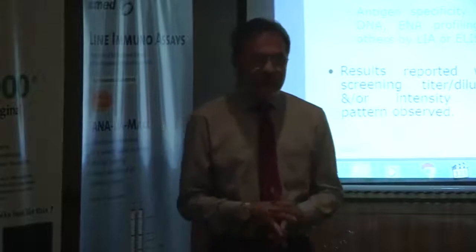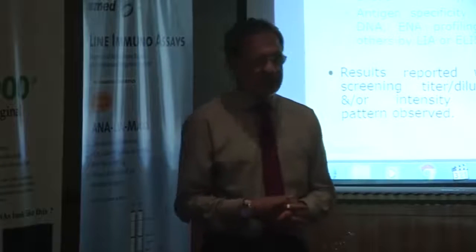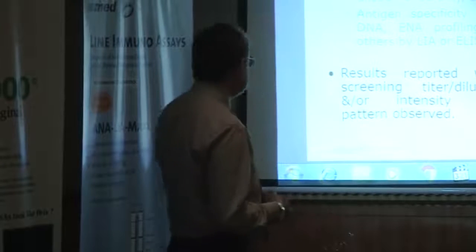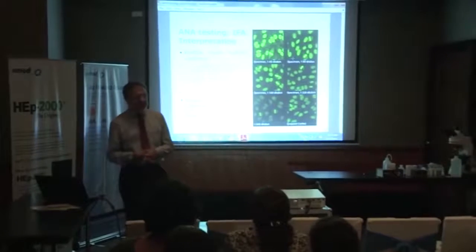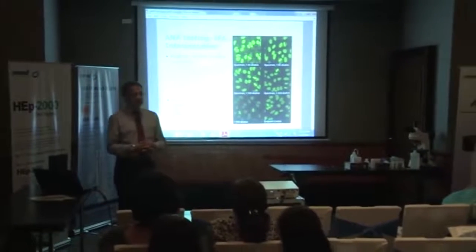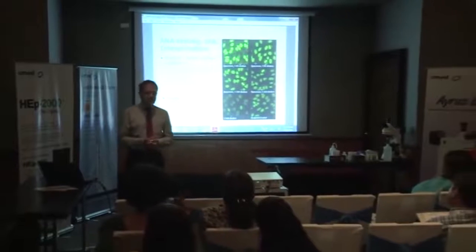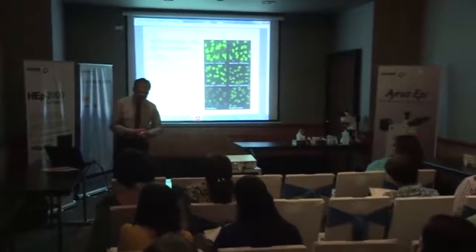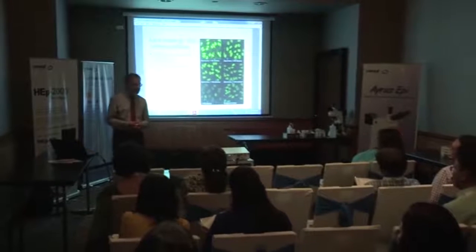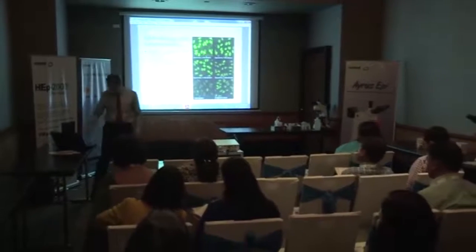There is no need to report the intensity. Disease associations and the probable false positive rate should also be there in a typical lab report of ANA testing by immunofluorescence.